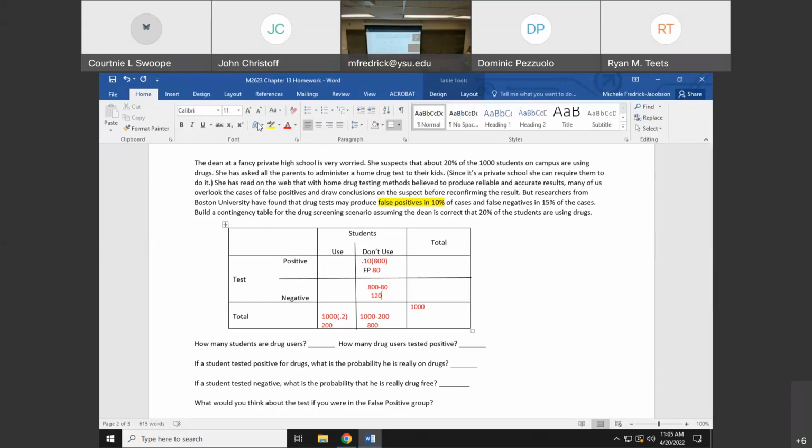We go to the next one, false negative, 15% of the time. Well, negative means it tested negative, which is the bottom row, and it was wrong, which means they used drugs. So 15% of the students are going to get away with it. To test the false negative for how many there are, though, what did we get?